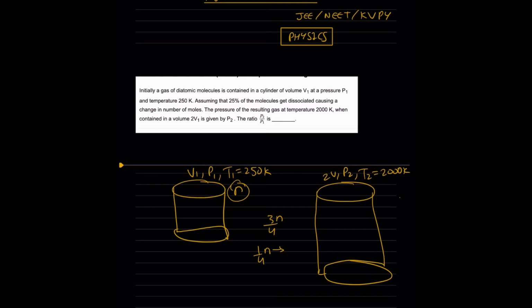We are supposed to multiply this by 2 because diatomic gas will become monoatomic, so the number of moles will get doubled over there. So this will become N upon 2. Now if you calculate the total number of moles, I can take 4 as the LCM. This is 3N, this will become 2N. So the total number of moles in container 2 will be 5N upon 4. If you're clear with this part, then it is pretty neat.